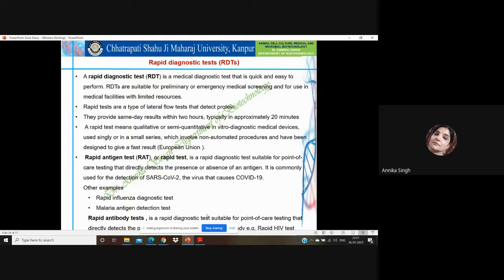and that matrix is used in the form of a kit along with a control.